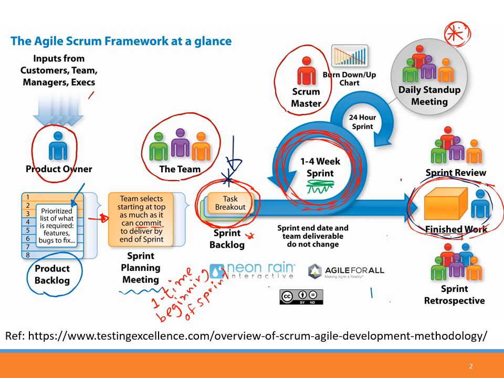Once we get the finished work, of course, we do the sprint review. We do a demonstration, usually showing the outcome to the product owner or maybe the customer. And then we also do what we call the sprint retrospective. Of course, we will look into the detail, but this is the overall picture of what happens in each sprint. All right, then let's look into more detail on each of these.